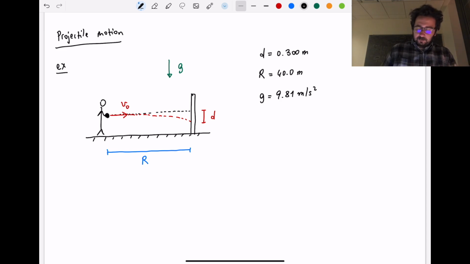Okay, with this setup we are going to find the value of this initial speed of this arrow.